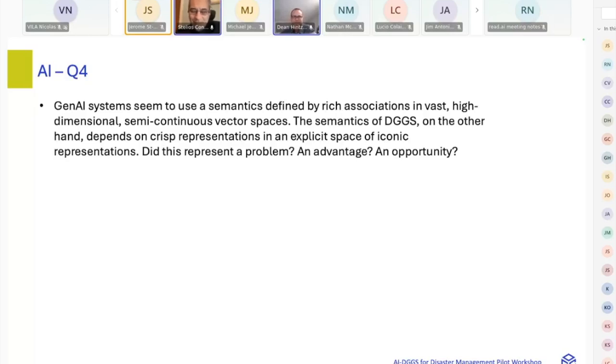Thanks. Just to comment on that, in our pilot, in our use case, in our agent, we vectorized the DGGS standard and the libraries of DGGAL. So we gave them as food, in order to understand.